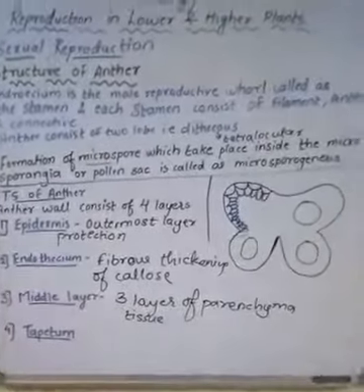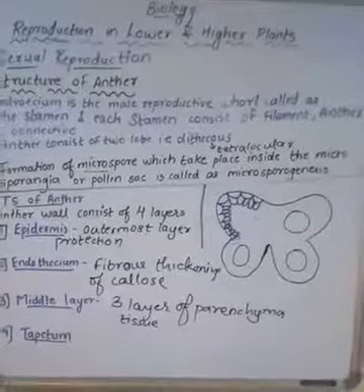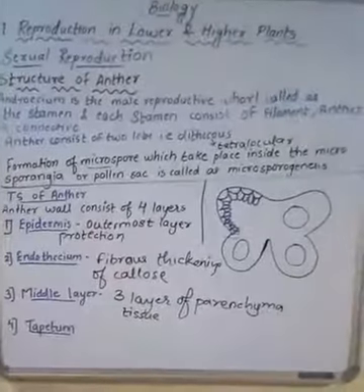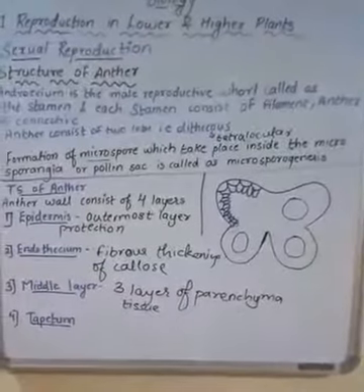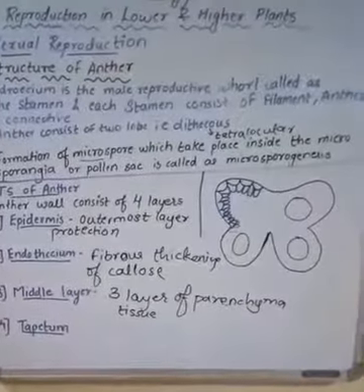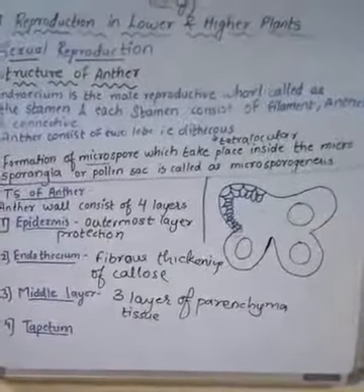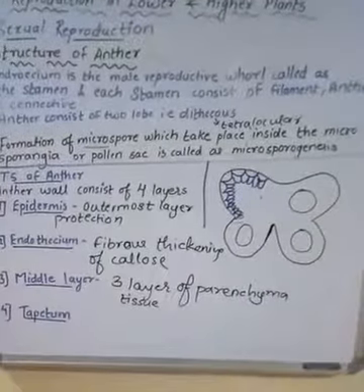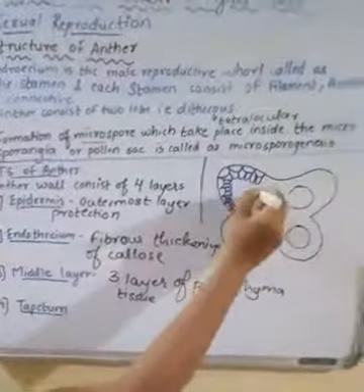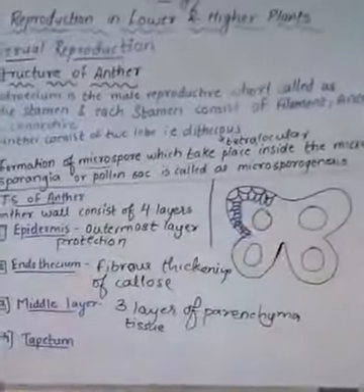These cells degenerate at the time of maturity, and the two pollen sacs of each lobe merge to form one chamber. So what I'm trying to say is, here we have a tetralocular structure, and here we have the microsporangia.